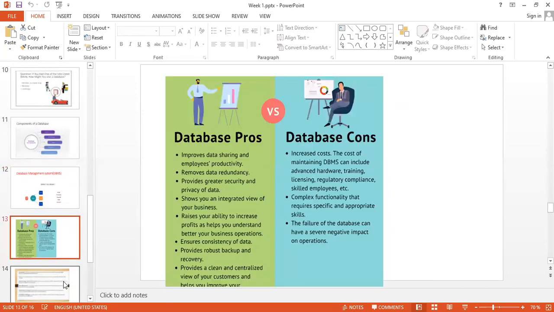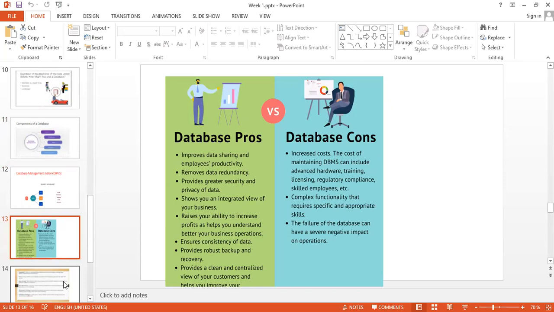Now, our database has its pros and its cons, or the advantages and disadvantages. Some of the advantages are, number one, databases are used for storing data, and therefore they improve data sharing and employees' productivity.